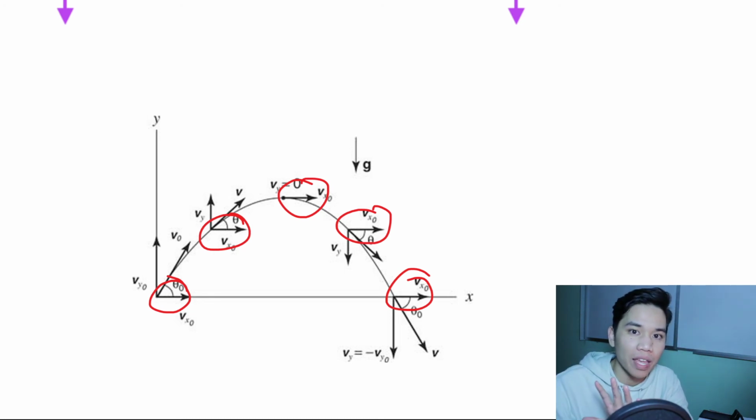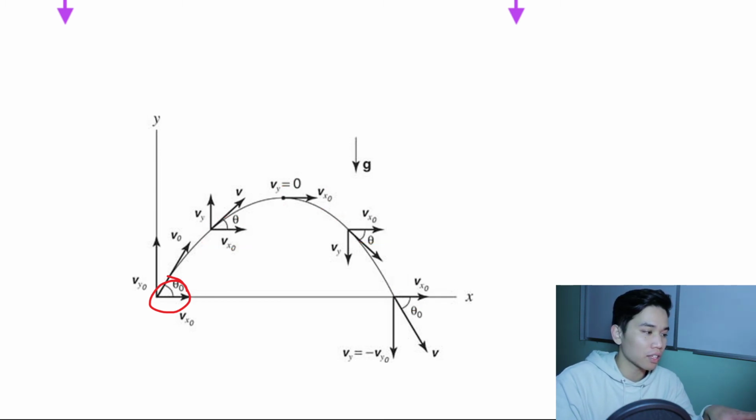There should not be anything that changes that one component. And remember, I'm speaking strictly about the horizontal component of the velocity, not just the velocity in general. We speak about the components of things instead of just the overall things. That's the gist of how projectile motion is encapsulated.